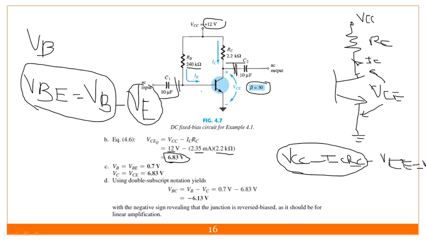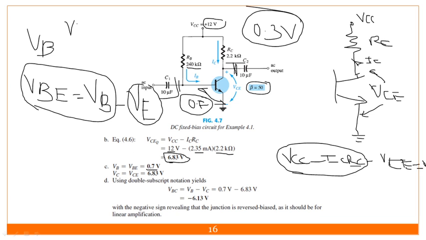Keep in mind, this value across VBE is always 0.7 because it is made of a silicon diode. By default it is silicon. If they mention that the diode is germanium, you have to put VB as 0.3 volt. So with 0.7 volt, VB is 0.7 volt.